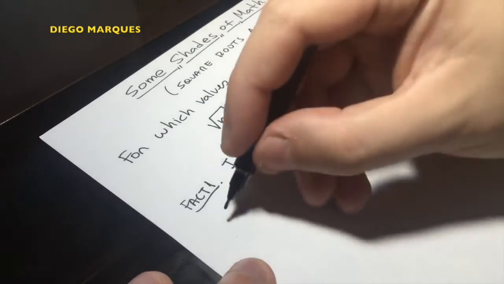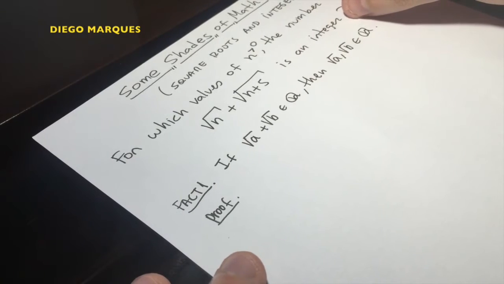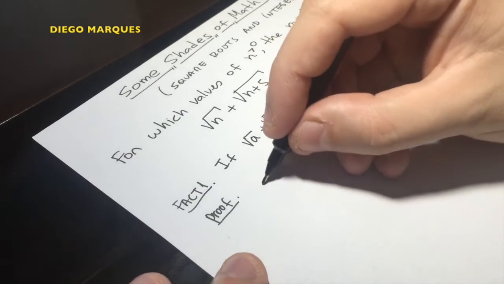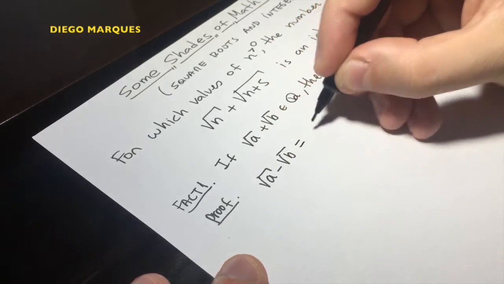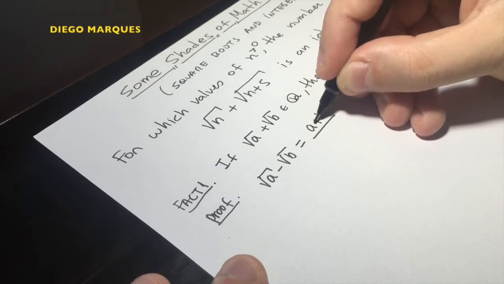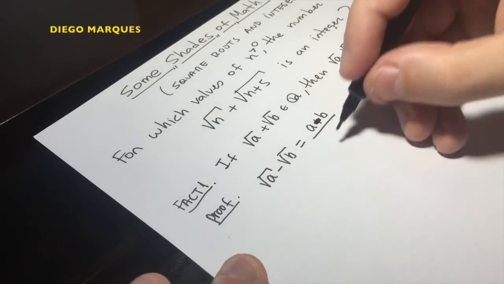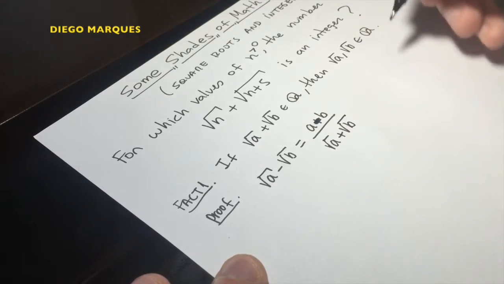Okay, so how to prove this? The proof is the following. We can write square root of a minus square root of b equal to a minus b divided by square root of a plus square root of b.